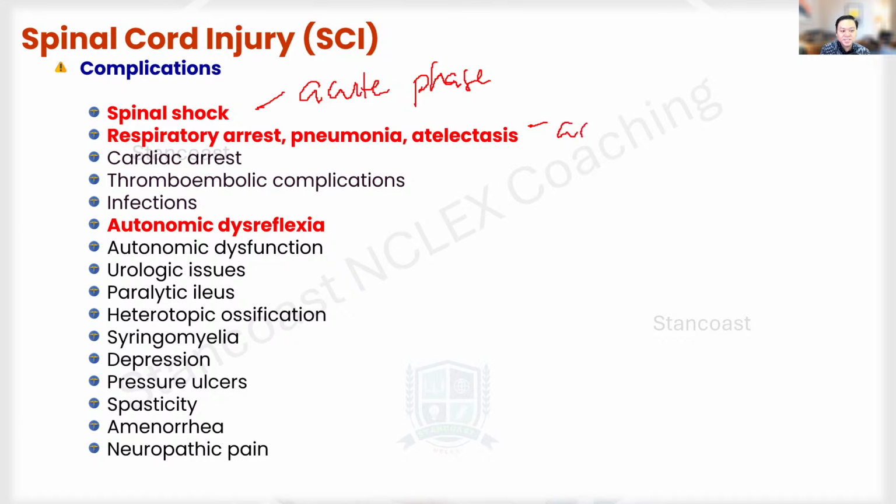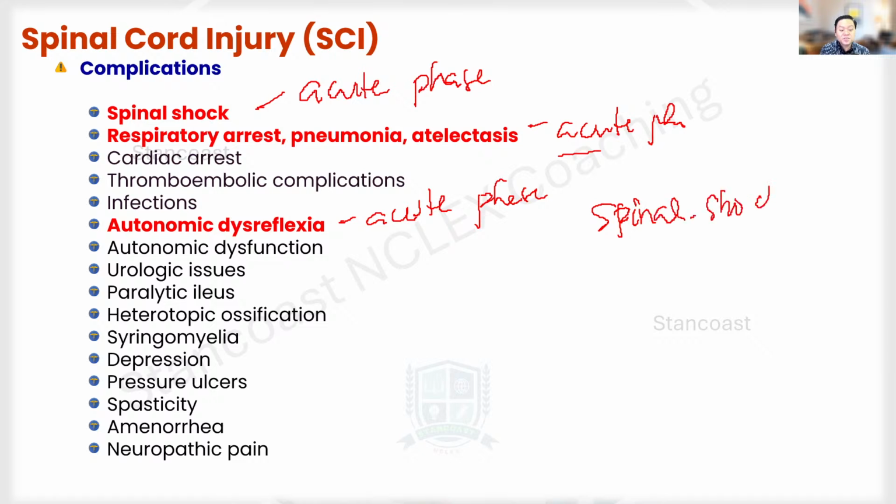So these are the commonly asked questions in the NCLEX. Now, let's talk about spinal shock. What is going on here? Well, the patient will have a transient condition wherein the person will have temporary loss of all reflexes. Take note of that. Spinal shock. This is going to cause them temporary loss of all reflexes.